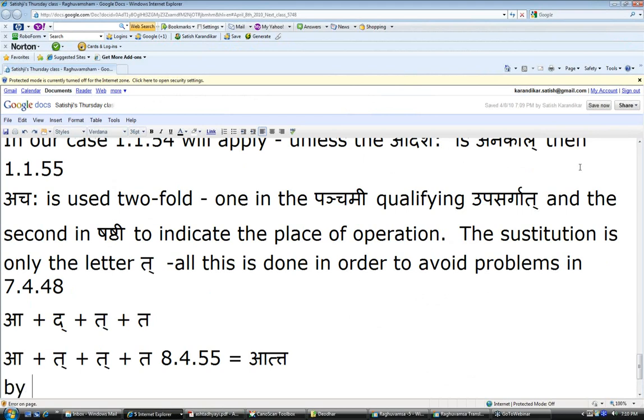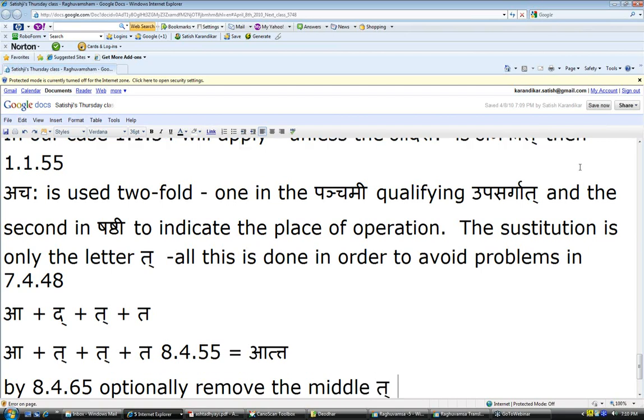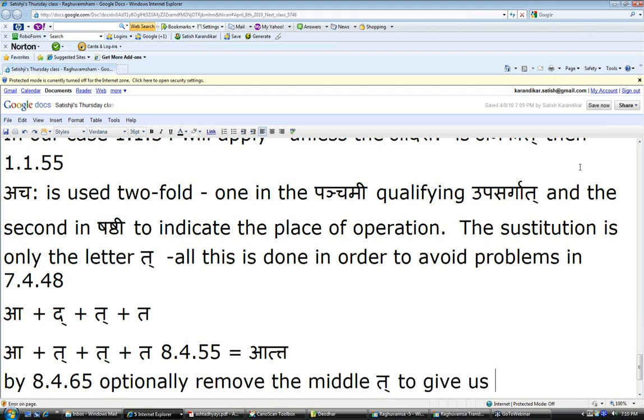Okay, so by 8.4.65, optionally remove the middle ta. Then we get the second form, which is what we have in the text finally, atta. So that's the final form.